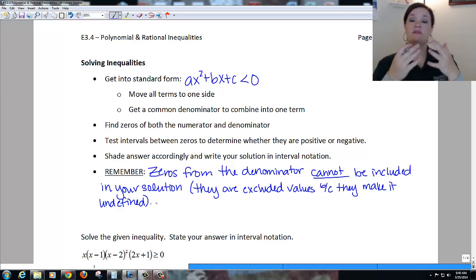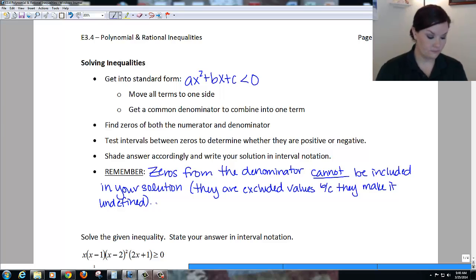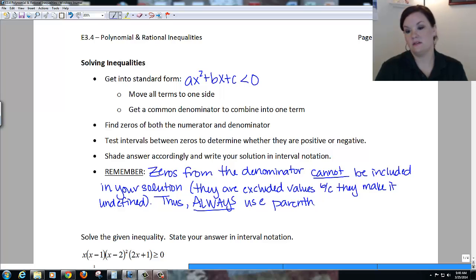Okay, so not only do we have to find our zeros, but whenever we find our zeros from the denominator, we can never include them. Meaning, zeros from the denominators, we will always use a parenthesis on, not a bracket, because brackets include, parentheses exclude. Okay, so I'm going to go ahead and just say that. Thus, always use parentheses on zeros from the denominator.